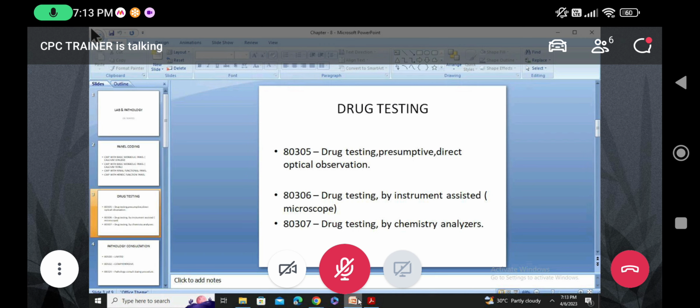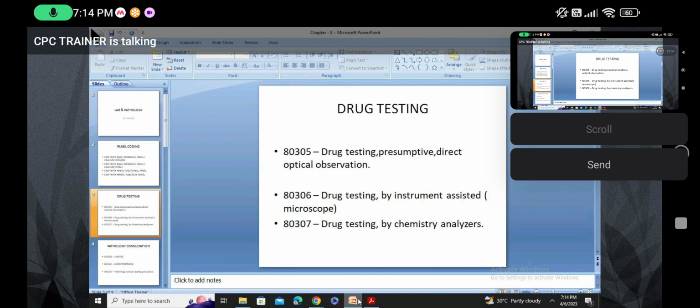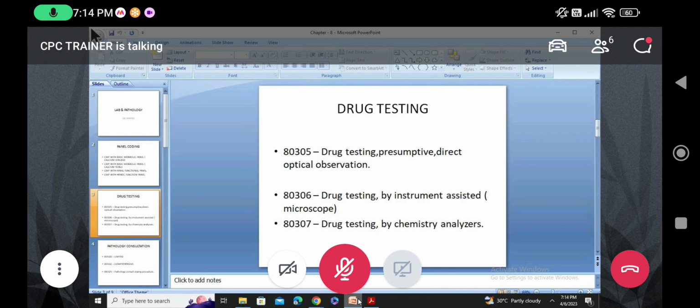So 305 means drug testing where the provider gives the result via direct optical observation. So that time we have to use the code 80305. Direct optical observation, you know what that is, right?